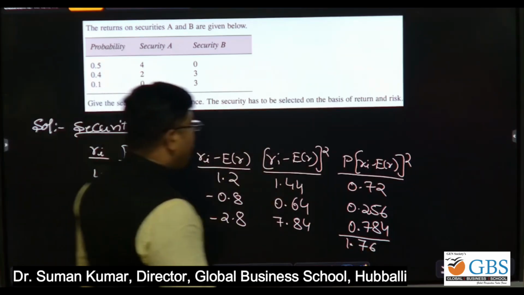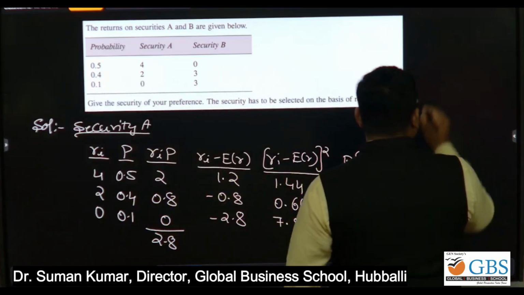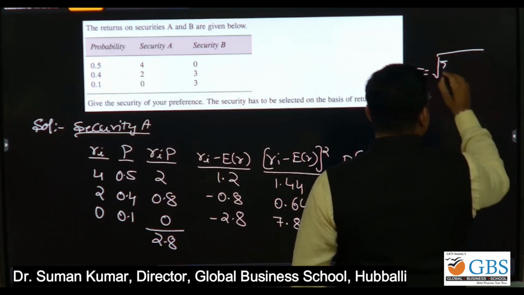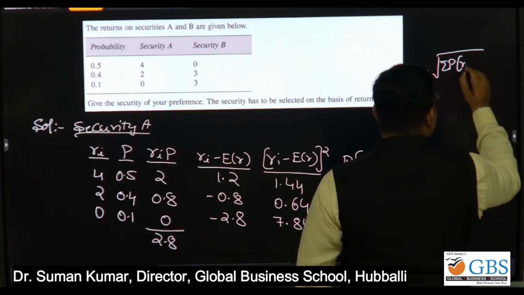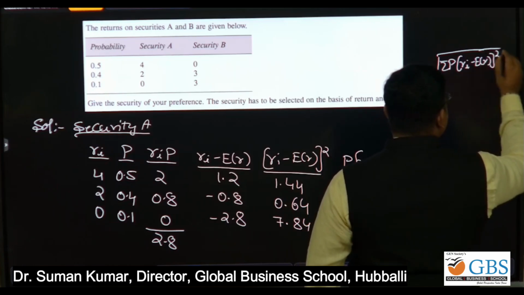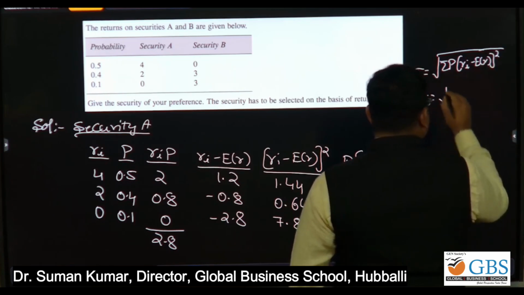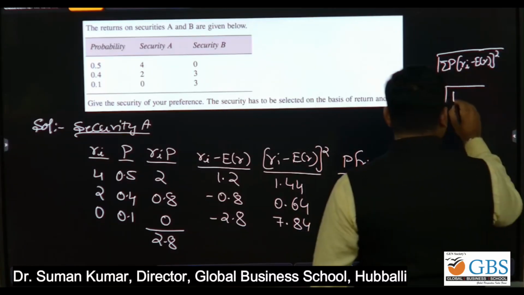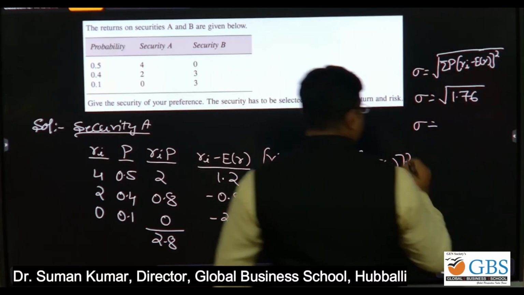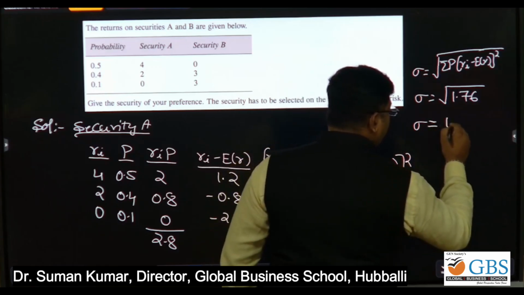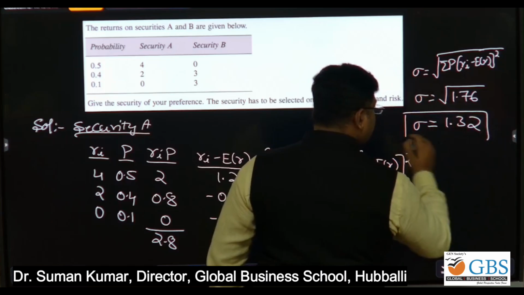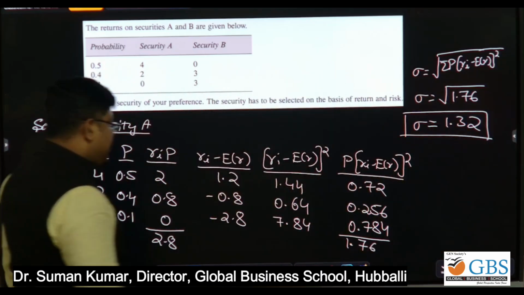Then formula, that is standard deviation is equal to square root of summation P into Ri minus E of R whole square, that is standard deviation is equal to square root of 1.76, standard deviation is equal to 1.32. Very simple.